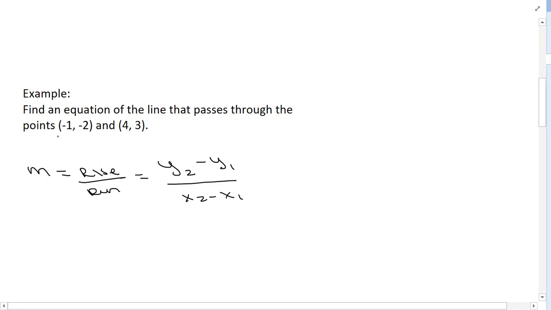I'm going to start with the first one, calling this x1 and y1. So my slope is going to look like y1 minus y2, so it'll be 2 minus 3, divided by the change in x. Since I started with 2, I'm going to start with -1. So -1 minus 4.